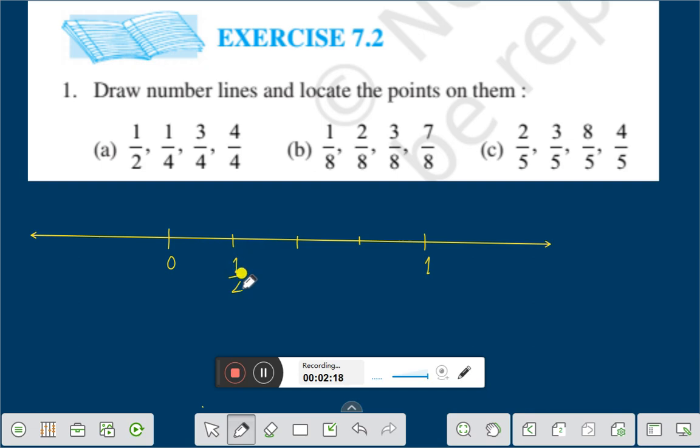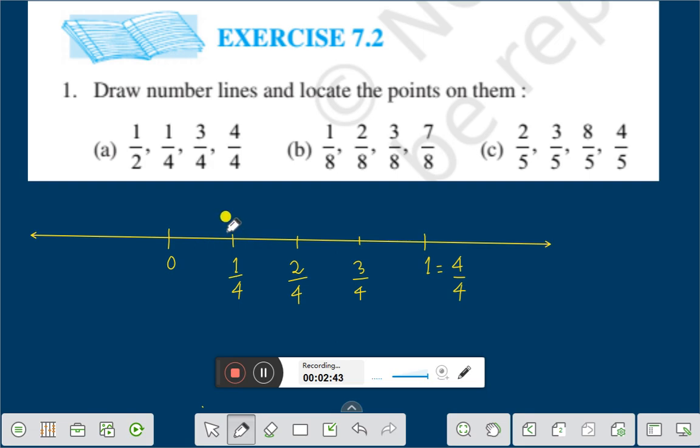This point is 2 by 4. This part is 3 by 4. And this part is 1, which is equal to 4 by 4. Now you have to represent 1 by 4.